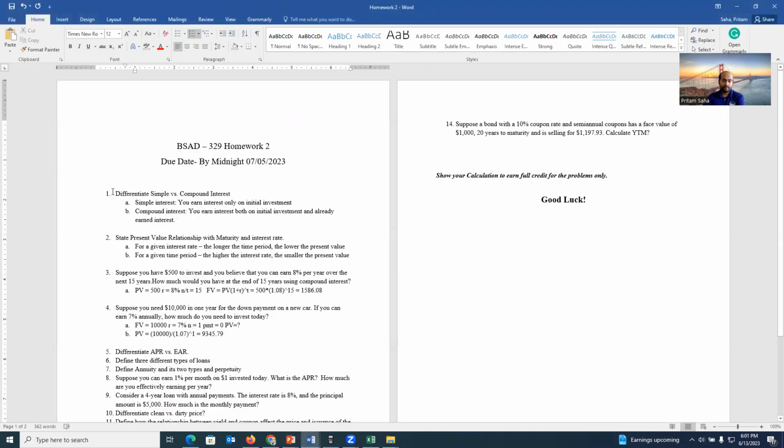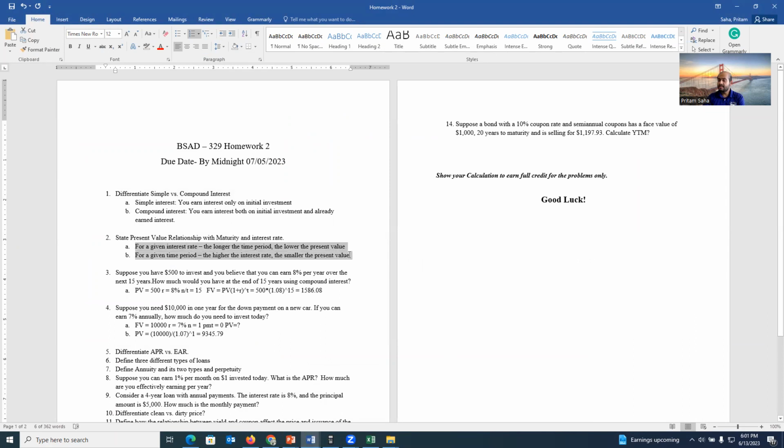So the first problem of the homework is simple versus compound interest. In the last class, we learned the difference: on simple interest, you only earn interest on the initial investment. On compound interest, you earn interest on both the initial investment and already earned interest. That's the difference. State the present value relationship.